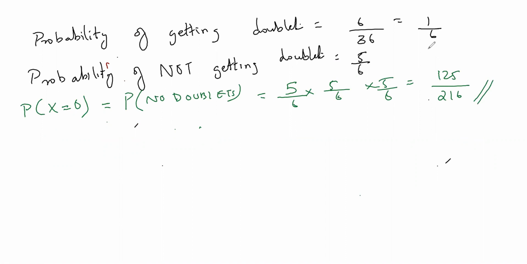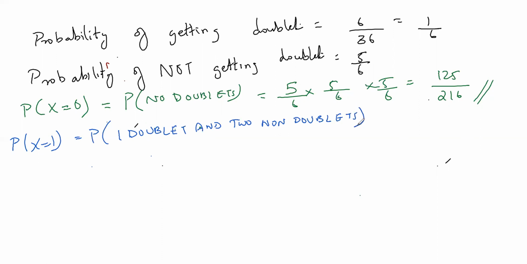Second case, P of x is equal to 1, which means P of 1 doublet and 2 non-doublets. Why 2 non-doublets? 1 plus 2 is totally 3, because we are doing 3 throws of a pair of dice.